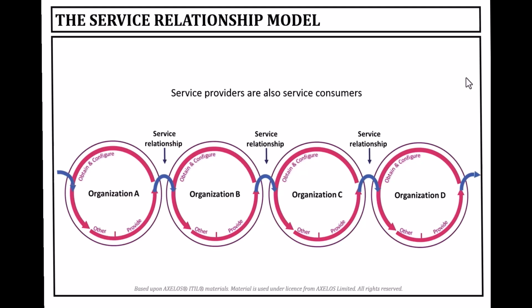Organization B was a target consumer for organization A but a service provider to organization C. Organization C was a target consumer for organization B but a service provider to organization D. In this model, organization A is strictly a service provider, whereas organization D is a service consumer organization. Organizations B and C are both service providers as well as consumers, right?